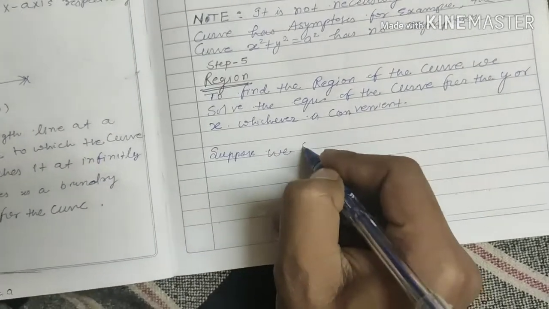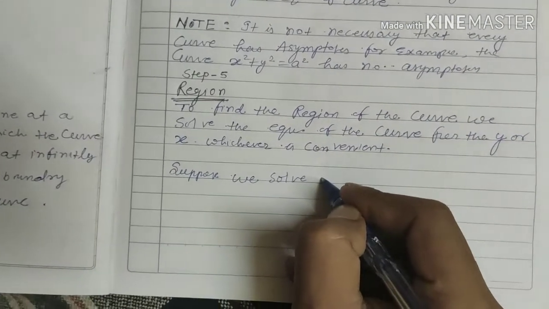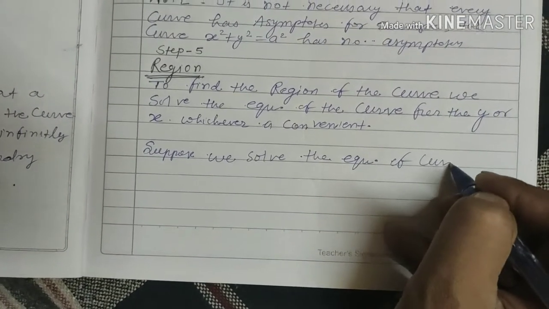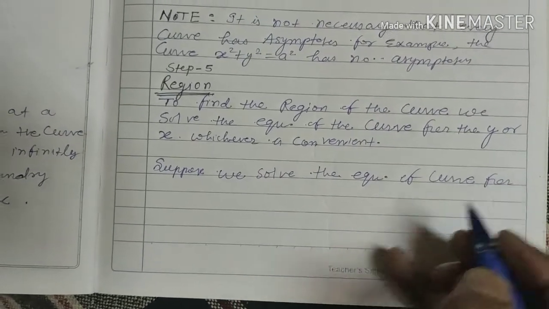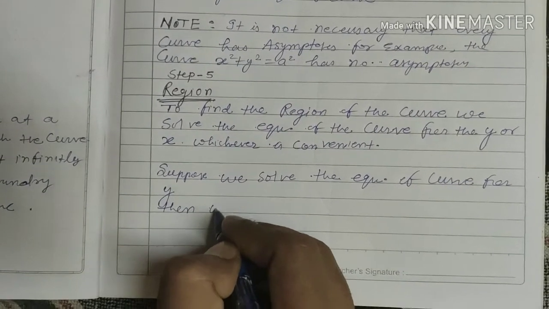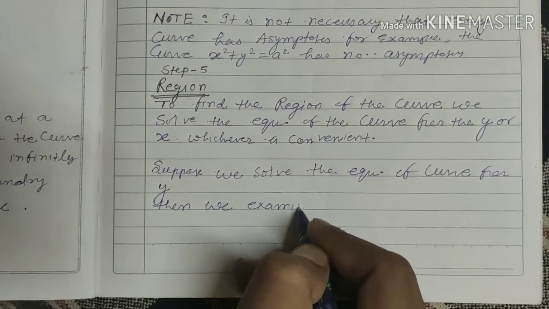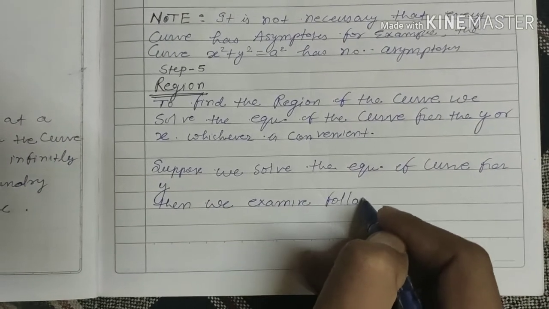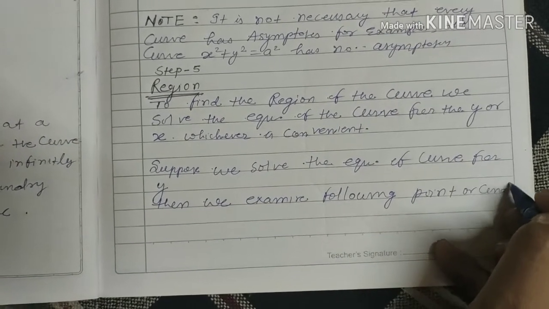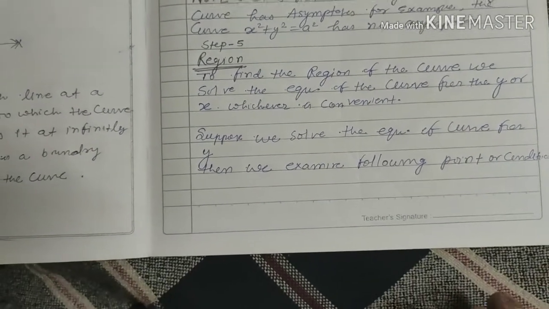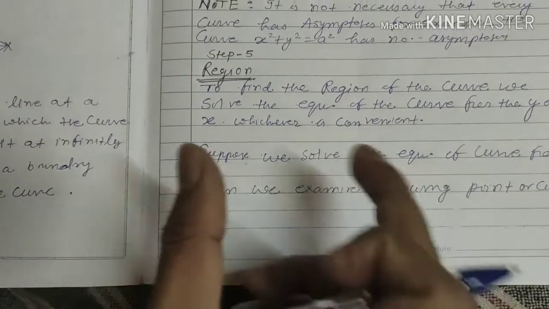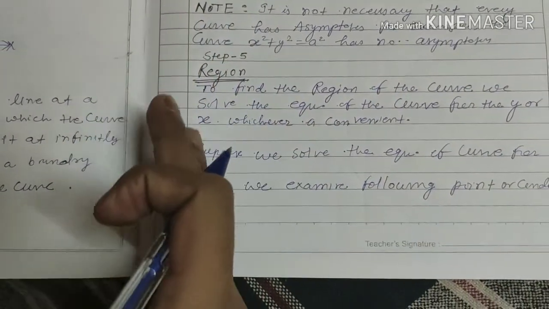Suppose we solve the equation of the curve for y. Then we examine the following points or conditions of a region, like the previous steps.